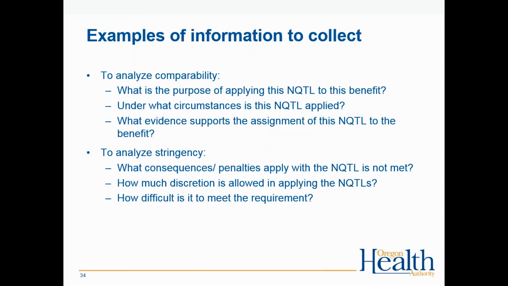Is it, for example, related to a national standard or guideline, or is it more arbitrary to the operation of a particular organization? Under what circumstances is this NQTL applied? What evidence supports the assignment of this NQTL to the benefit?